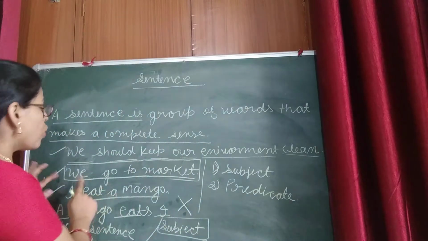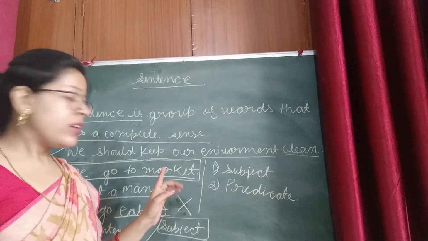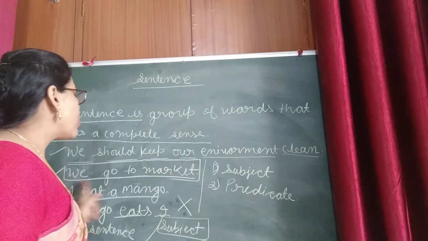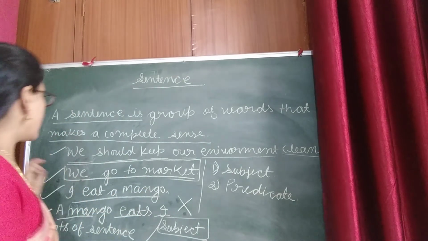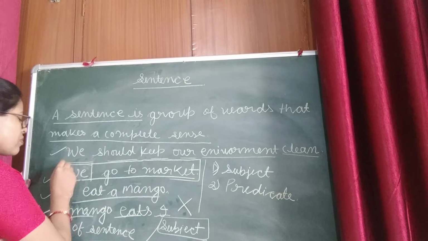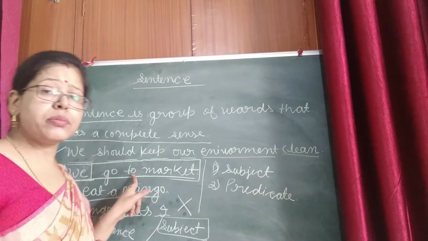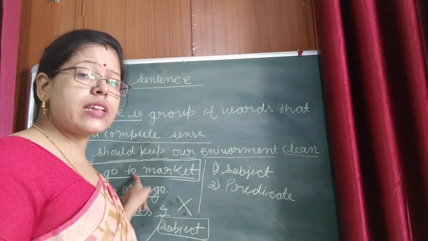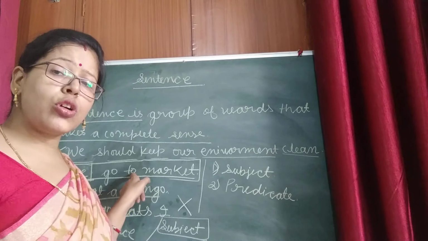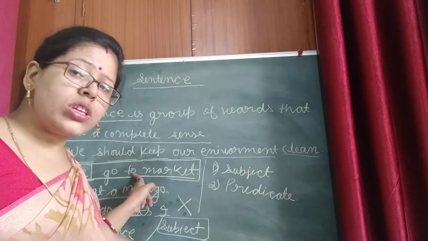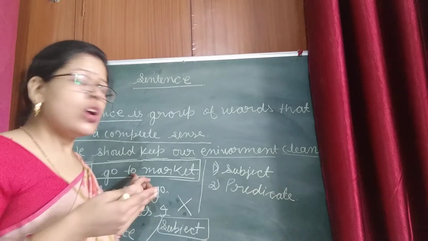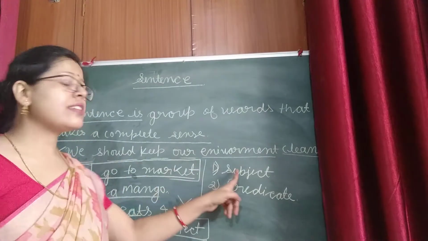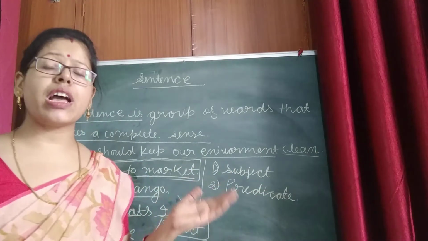So here, we go to market. Who is going to market here? Here, we. In Hindi its meaning is हम लोग market जाते हैं, हम लोग बाजार जाते हैं. तो यहाँ पे कौन जा रहा है बाजार यहाँ पे? हम लोग. And that is why here we stands for the subject, the doer of the action.